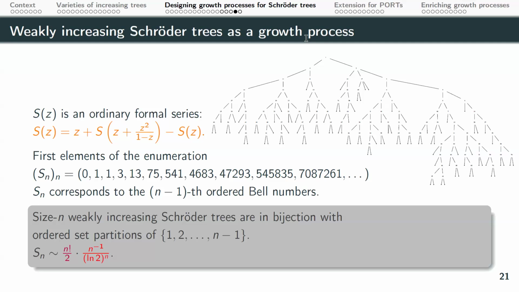If I do this, I can compute the first elements, and once again, I have luck. I recognize ordered Bell numbers. So we can put these Schroeder trees in bijection with ordered set partitions with one element less. And so for free, we get the asymptotic behavior of Sn. And this asymptotic behavior is interesting. In fact, here we recognize n factorial over 2. This was the number of trees without repetitions.